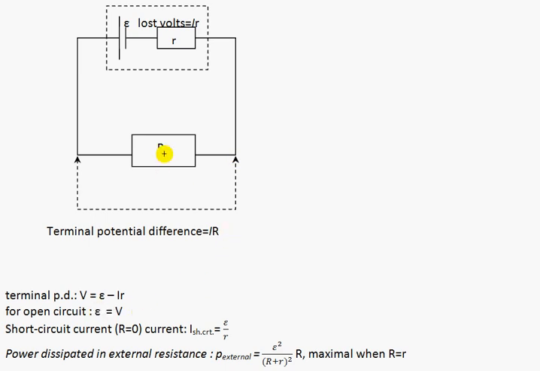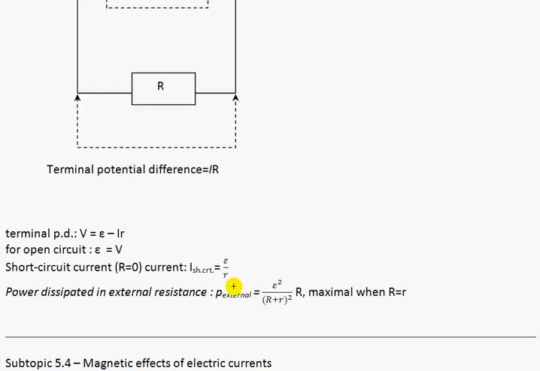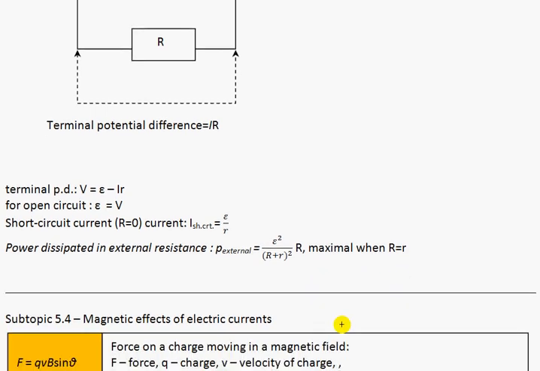If external resistance is almost zero, it is called short circuit, and short circuit current equals EMF over internal resistance. Power dissipated in external resistance can be shown to equal this expression, maximum when external and internal are equal.